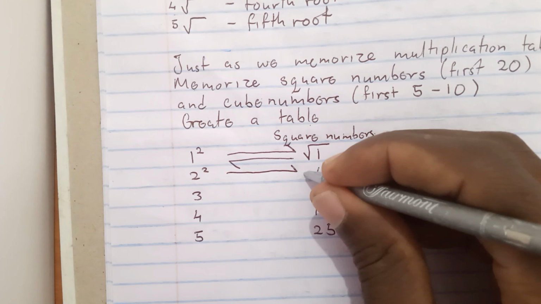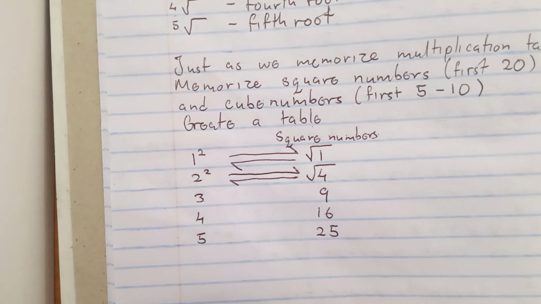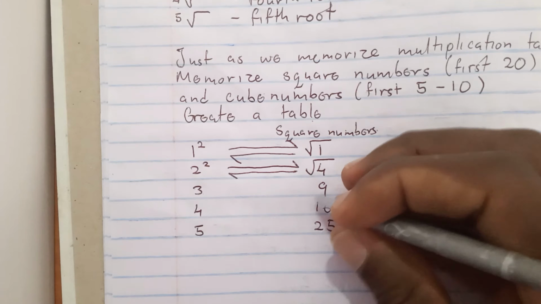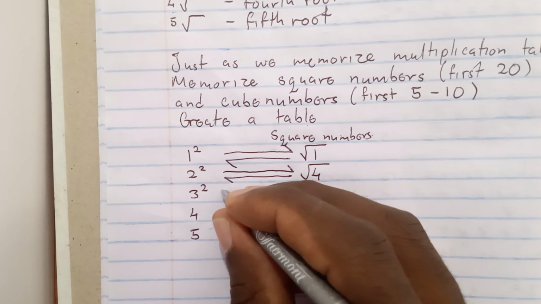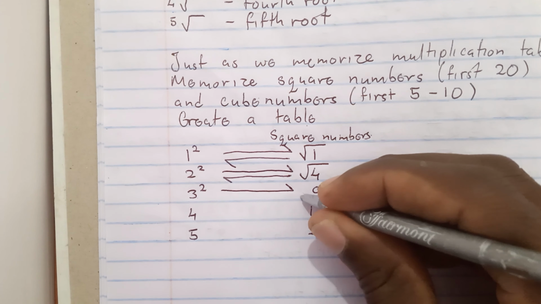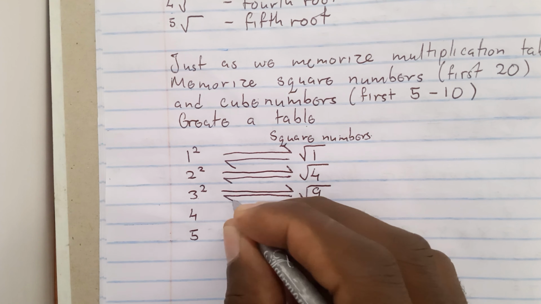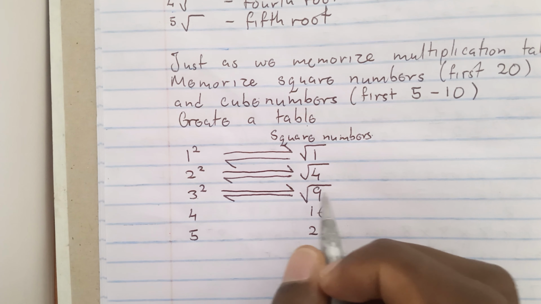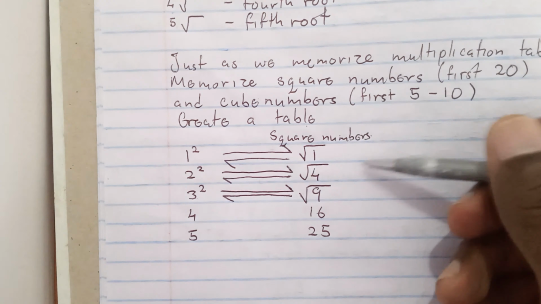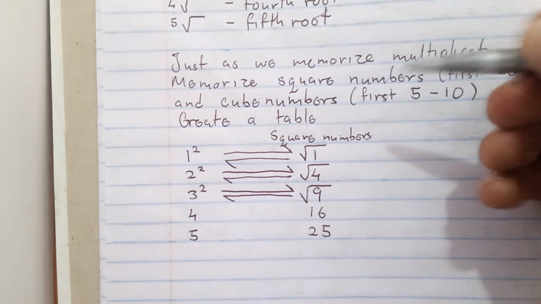What is the square root of 4? 2. Again, same case, 3 squared is 9. Square root of 9? 3. And that's how it's able to help you. By knowing your square numbers, you're able to do square roots very easily.